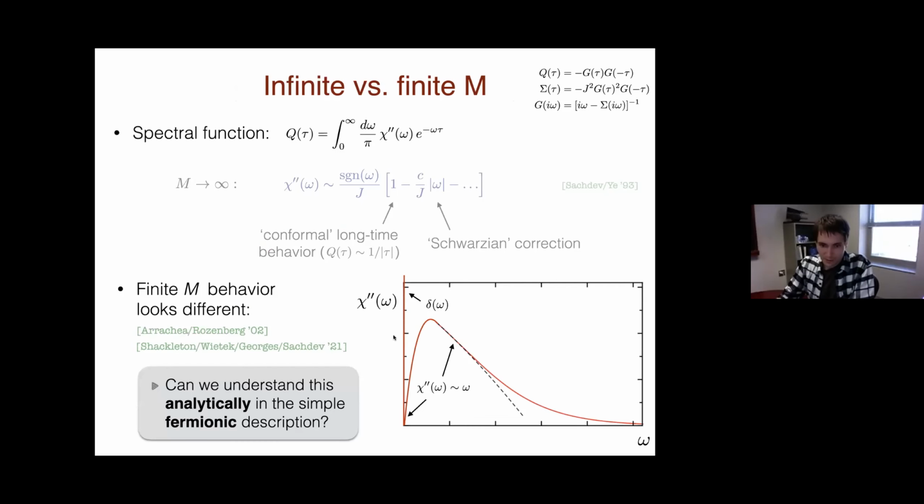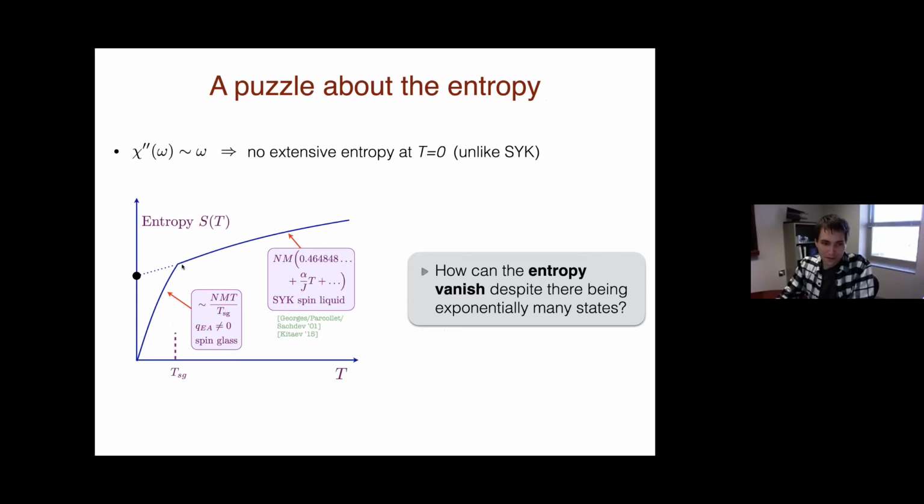But now what corresponds to this kind of spectrum is the fact that the entropy will drop to zero as you lower the temperature. The entropy will not go to a finite value. So this sharpens the question that I want to ask, which is how can this be? How can the entropy vanish despite there being this huge number of metastable states, like in this picture I had in the beginning? So we want to understand that.